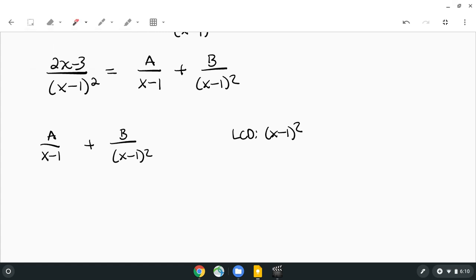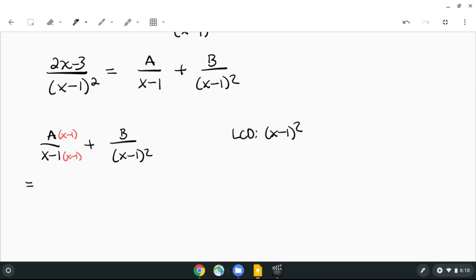For a over x minus 1, I need to multiply that by x minus 1 over x minus 1. B over x minus 1 squared already has the LCD, so I don't need to touch that one. Let's multiply this out. So I get ax minus a, and then plus b, all over x minus 1 squared.